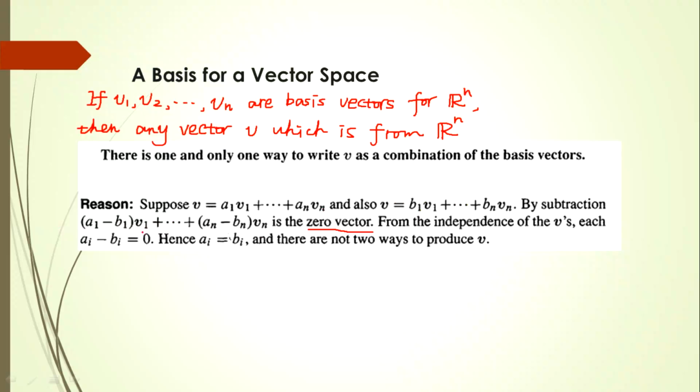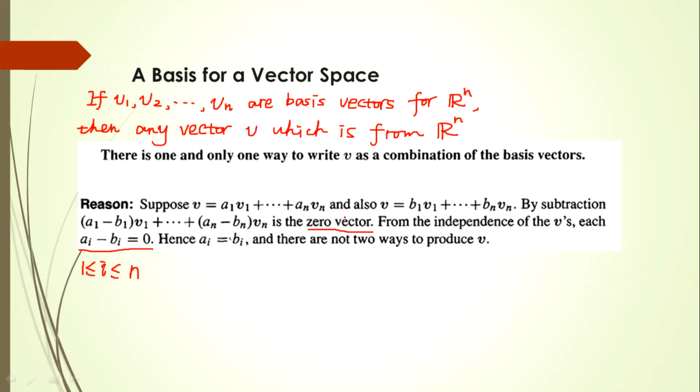So we know those basis vectors are independent, right? So when the combination equals 0, then all the coefficients ai minus bi should be 0, since the basis vectors are independent of each other. From the independence of all those vi vectors, ai minus bi equals 0 for all i from 1 to n. Then that means ai equals bi.